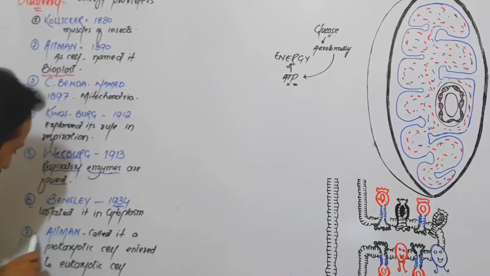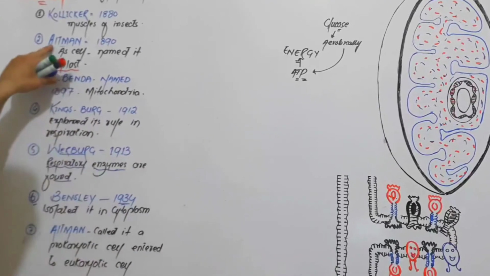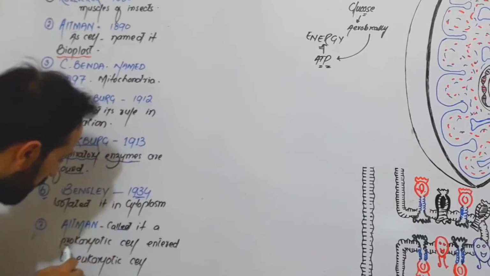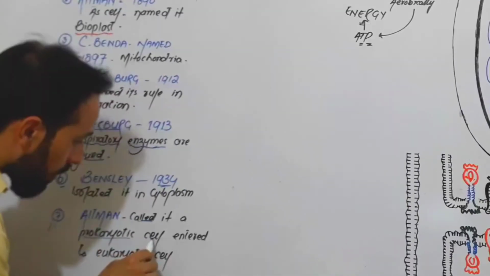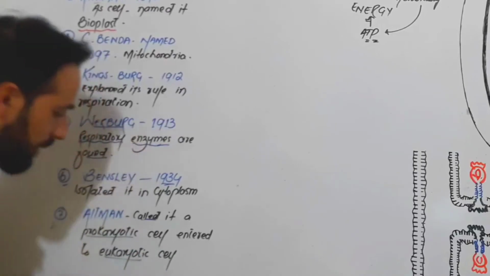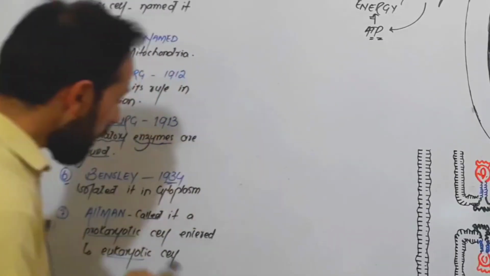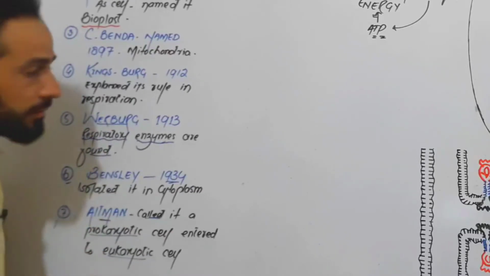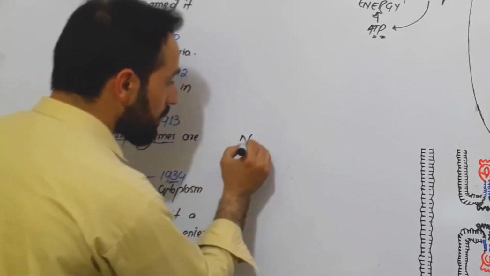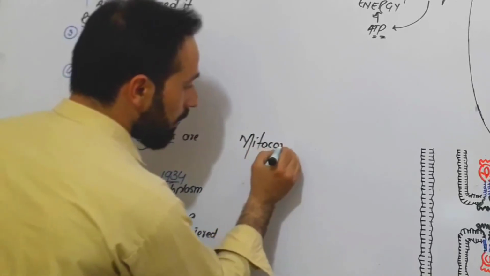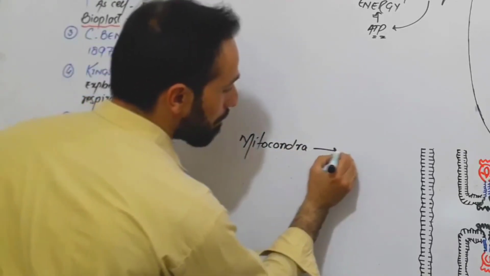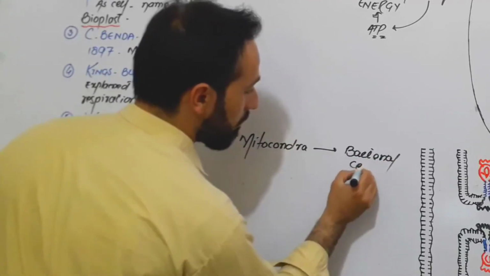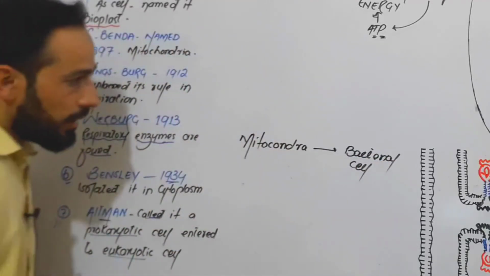And in the last, we will say again, Altman called the mitochondria a prokaryotic cell which has entered a eukaryotic cell. Look, for the first time when Altman observed it, he said that this mitochondria is a bacterial cell.